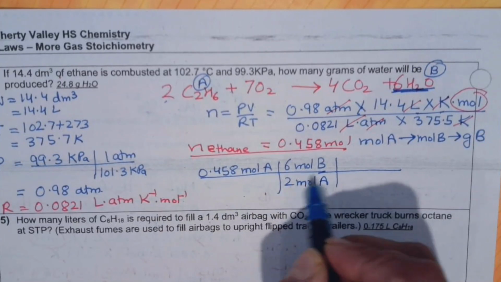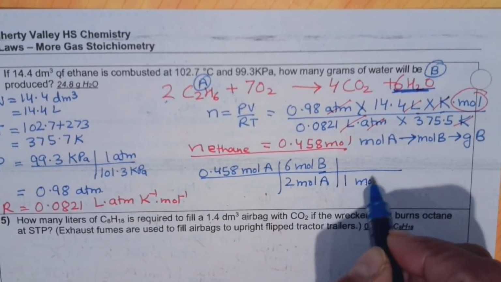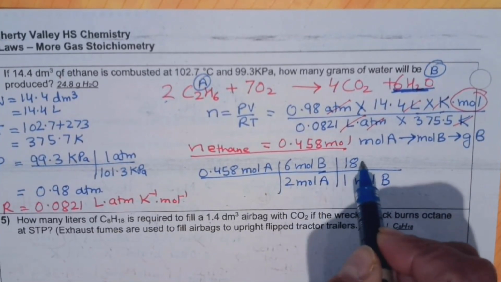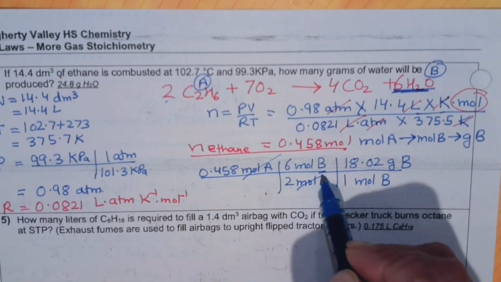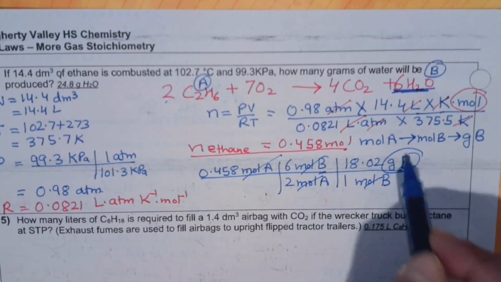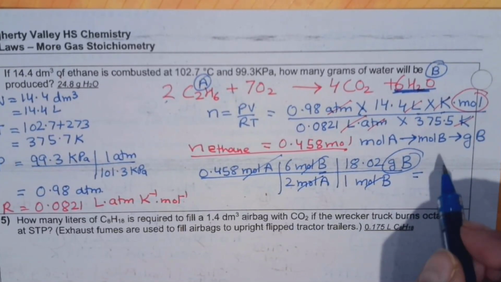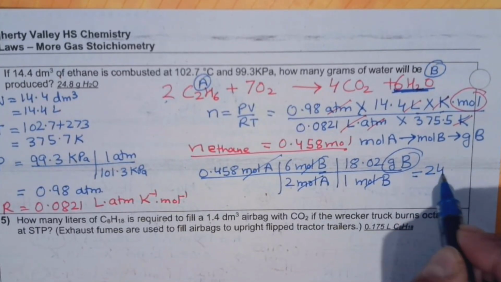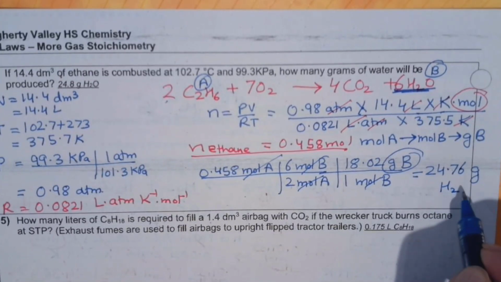And then convert the moles of B to grams of B. 1 mole water is equal to 18.02 grams B. Cancel and you get your answer in grams of B. So if you solve that, it comes out to be 24.76 grams water is produced.